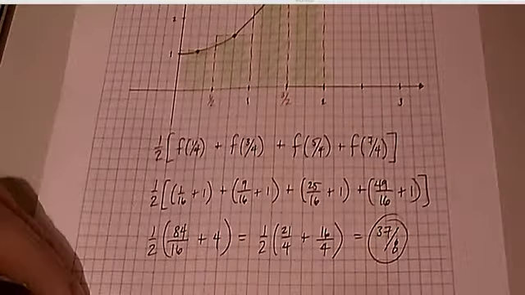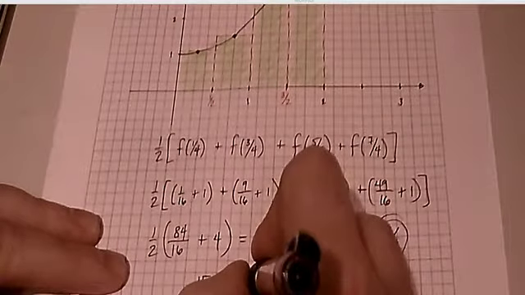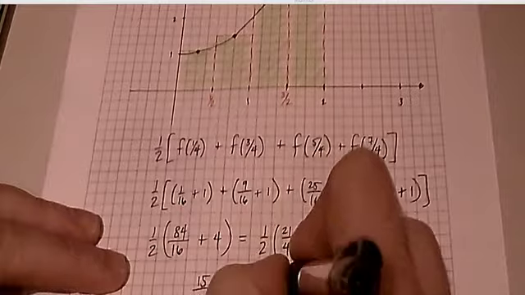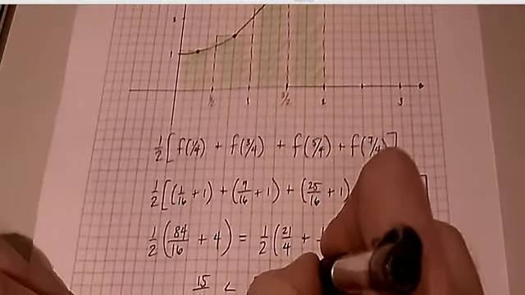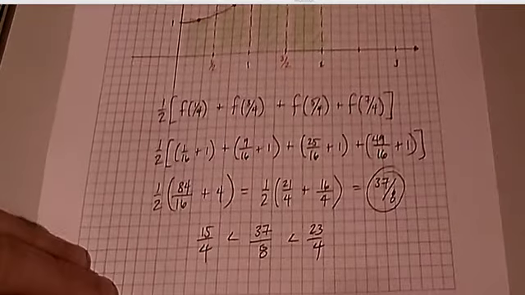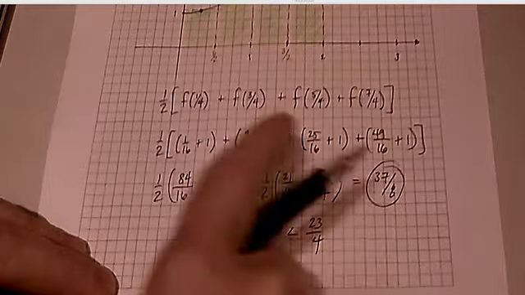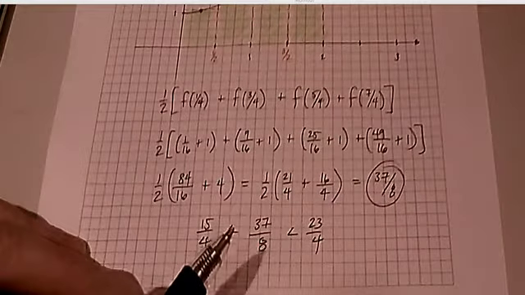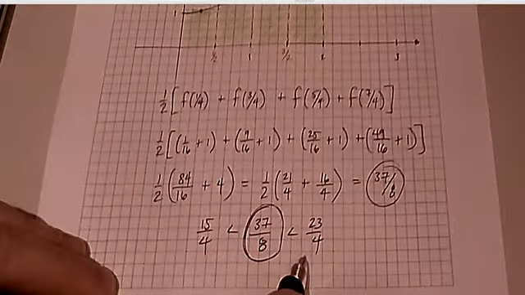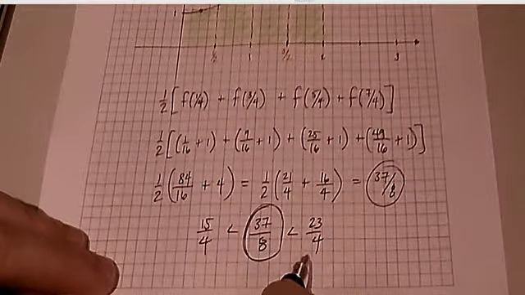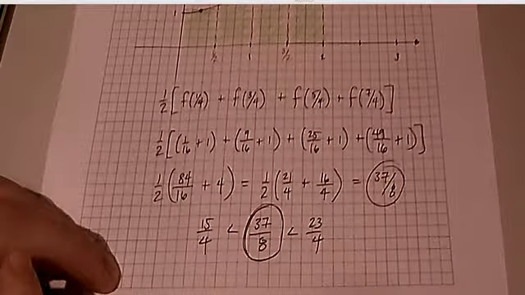And that does fall between, okay? 15/4 is less than 37 over 8, which is definitely less than the 23/4 that we got for the other sum, okay? So this is the midpoint right here. And like I said, the arithmetic winds up being a little bit more difficult, but that falls between, showing the fact that it is certainly going to be a better approximation and closer to the actual area, okay?